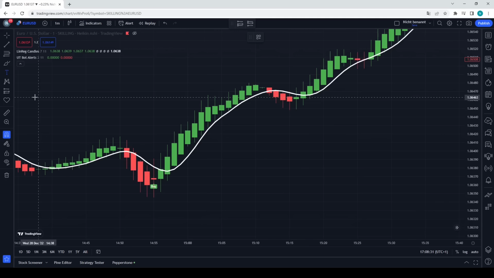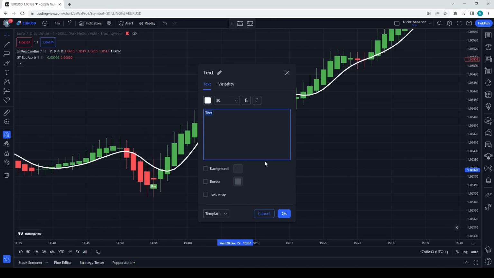Let's now take a closer look at the rules of the trading setup. For a long trade, the first thing we need is a buy signal, obviously.